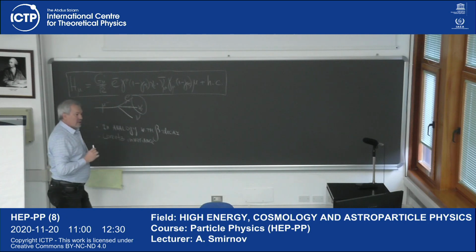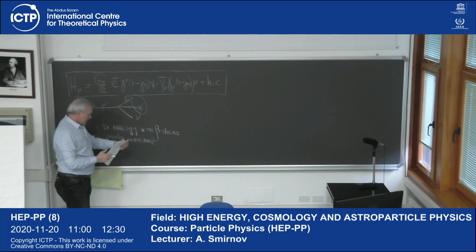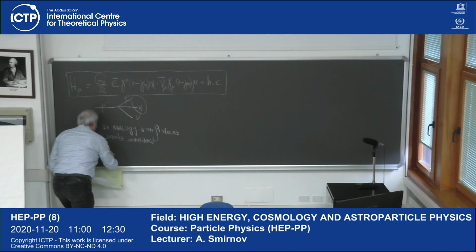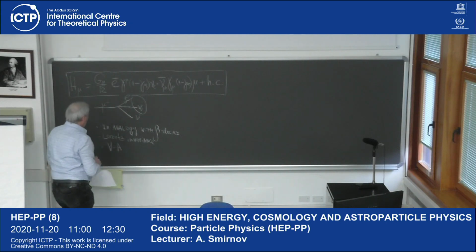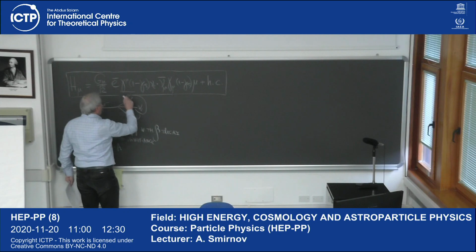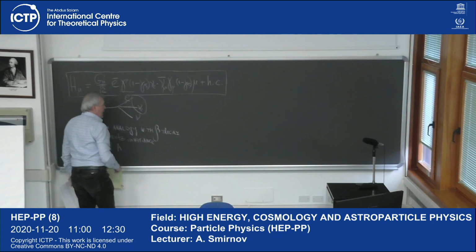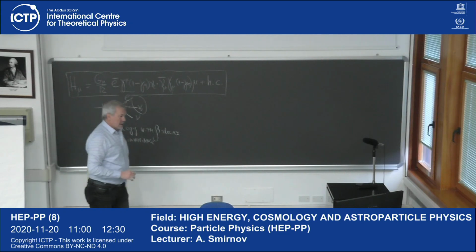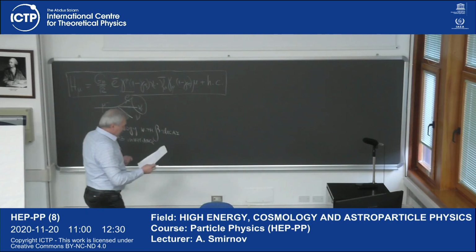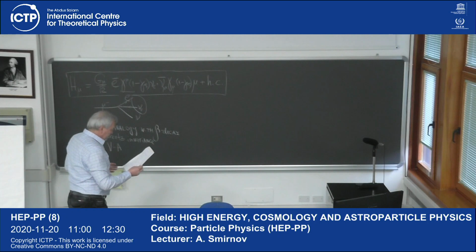All this ensures that the Lagrangian is Lorentz invariant. I have written the currents in the same V minus A form as for beta decay, containing gamma mu minus gamma mu gamma 5. We will discuss this in detail later when we discuss the discovery of parity violation.